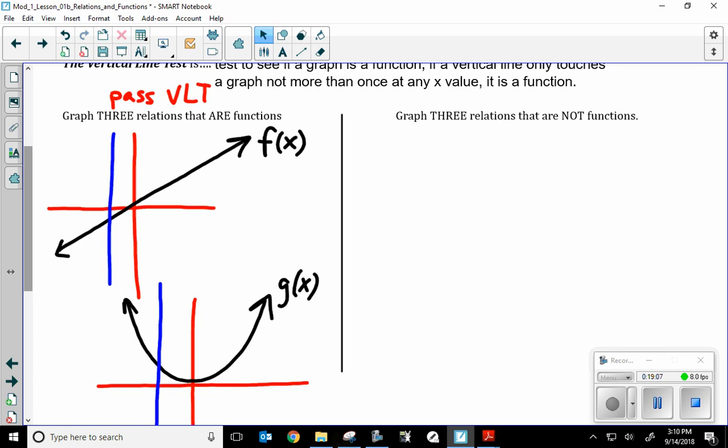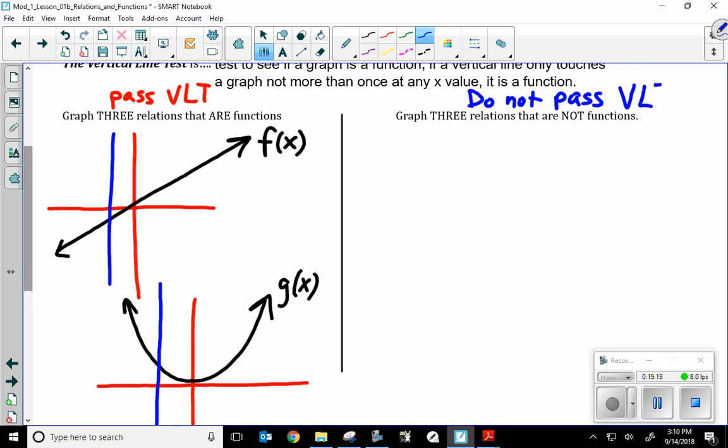Now let's focus on 3 relations. We're going to draw them on a graph that are not functions. That means they do not pass our vertical line test. Let's draw one here.